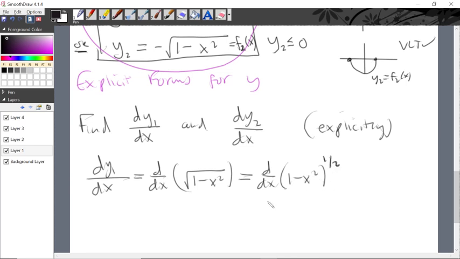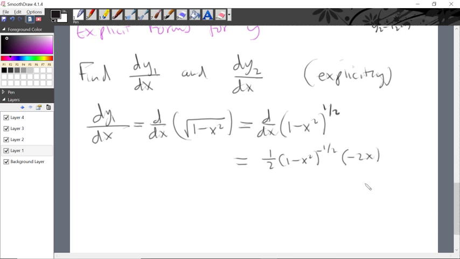Then we can apply the chain rule to take this derivative. So this is 1/2 times 1 minus x squared to the negative 1/2, and then we multiply this by the derivative of 1 minus x squared, which gives us negative 2x. Then finally we can simplify and clean it up a little bit. The negative 1/2 pushes this to the denominator, and we have a 2 canceling a 2. So we're going to have negative x over the square root of 1 minus x squared.